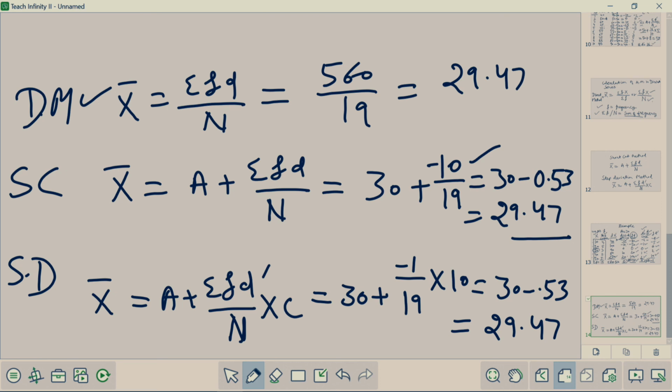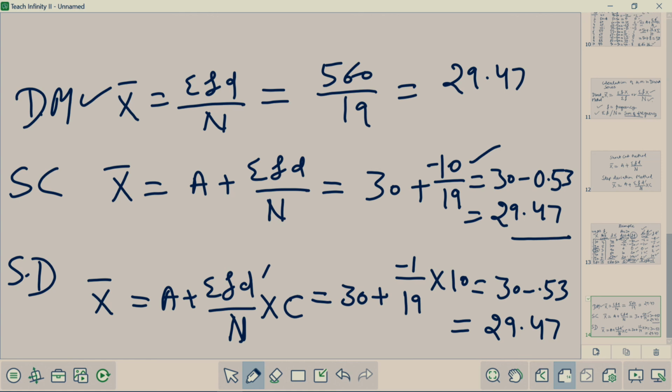And in the last method, the step deviation method, x bar equals a plus sigma f d dash divided by n, into c. So here 30 plus minus 1 divided by 19, into 10, 30 minus 0.53, that is 29.47. You can see in all three methods the answer is the same every time, right?